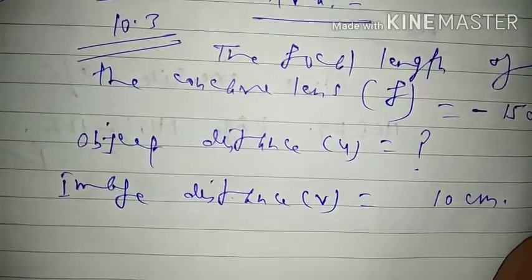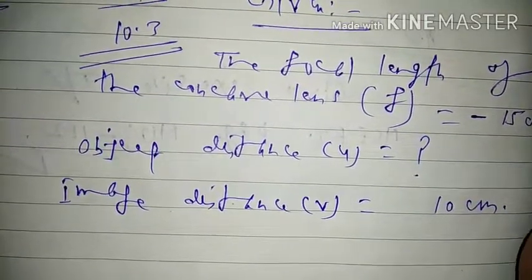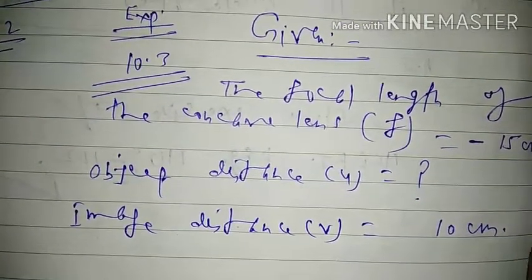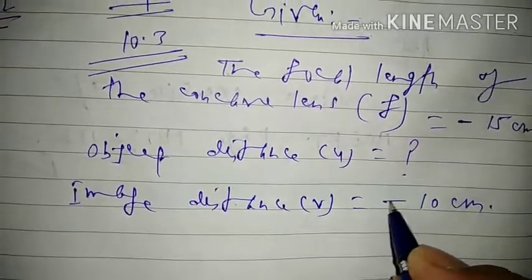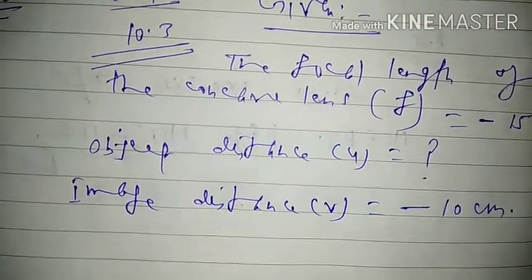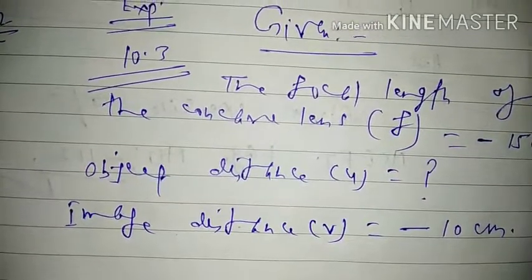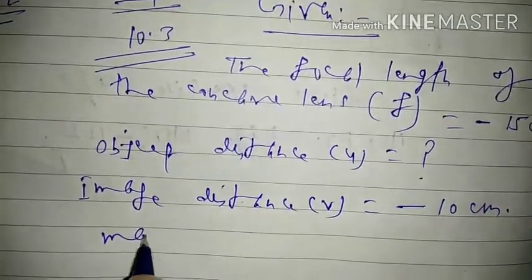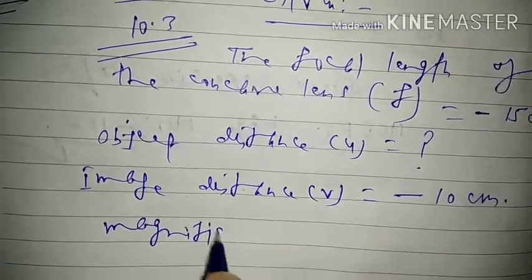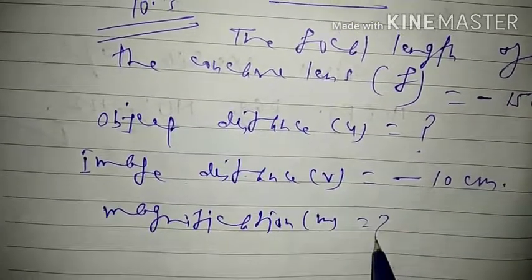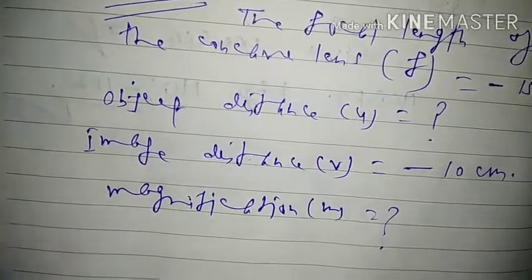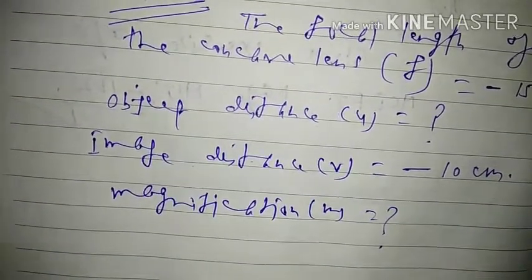But I have just seen that in concave lens, image always forms in left of the optical center, so this will also be negative. Find the magnification also. Magnification, which is represented by m, is equal to what? Now we shall use lens formula.